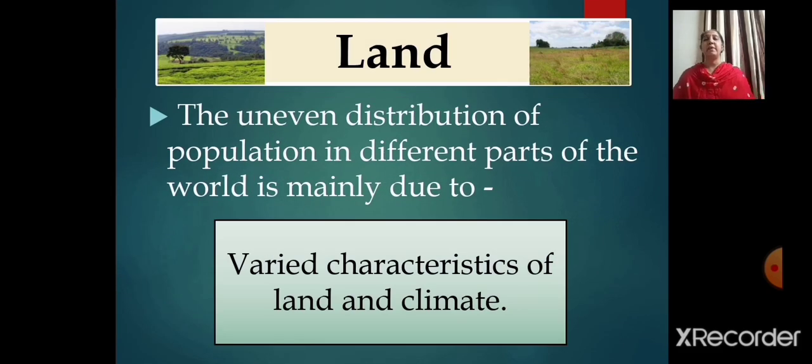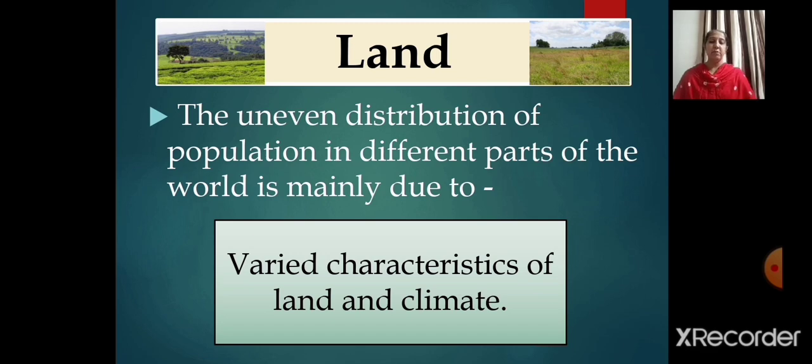Let's begin with the first topic, that is land. Land is among the most important natural resources, right? It covers only about 30% of the total area of the earth's surface, and all parts of this small percentage are not habitable. It means 90% of the world population occupies only 30% of the land area.